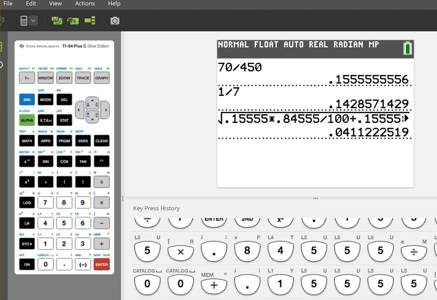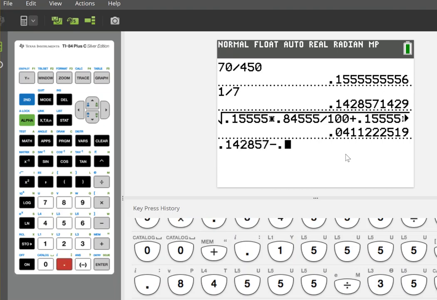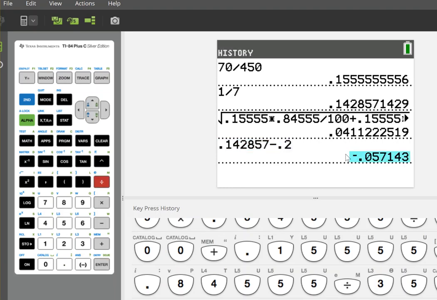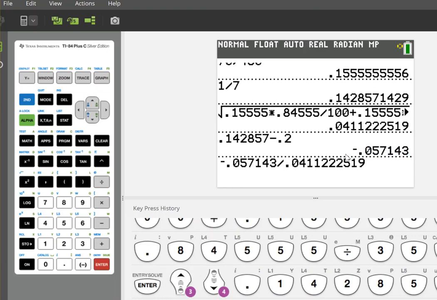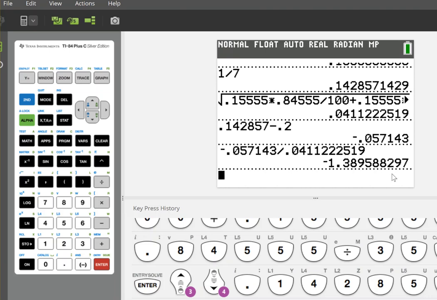So to find our actual z-score, we should be taking this, divided by, subtract 0.2, and then we take this and hit enter, and we divide it by our standard error, and we get our score of negative 1.39.